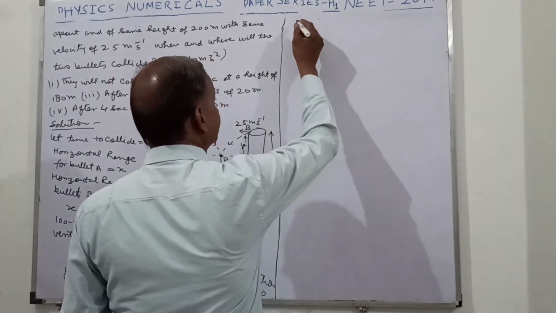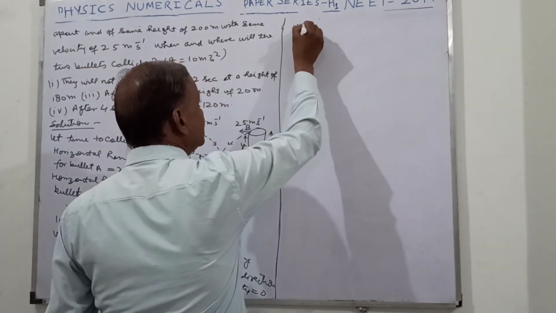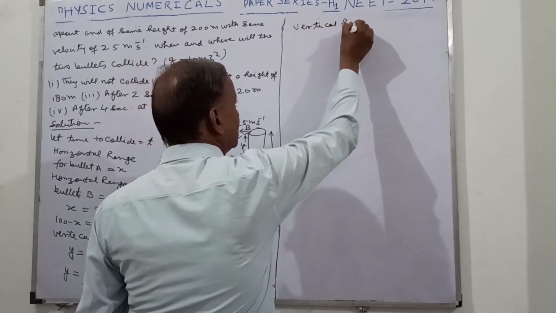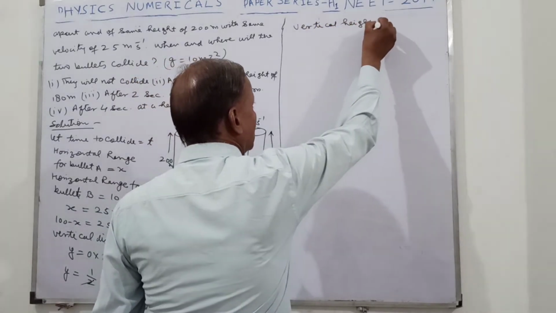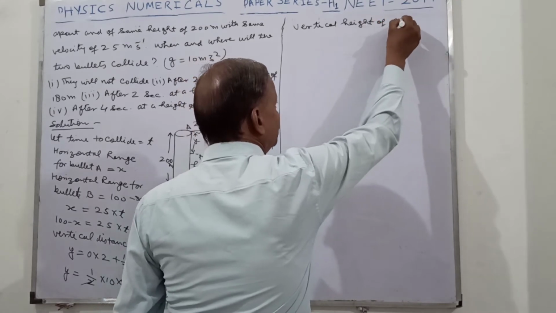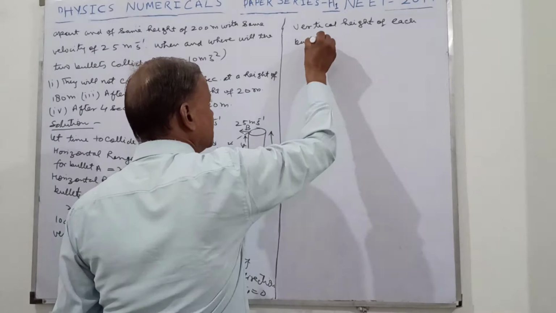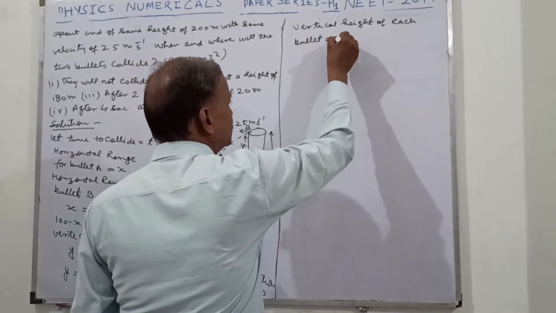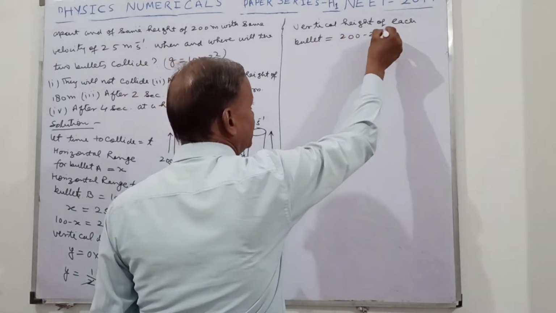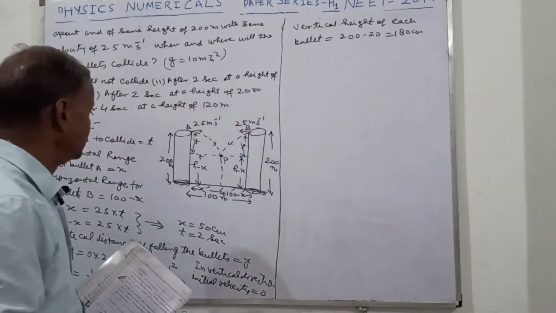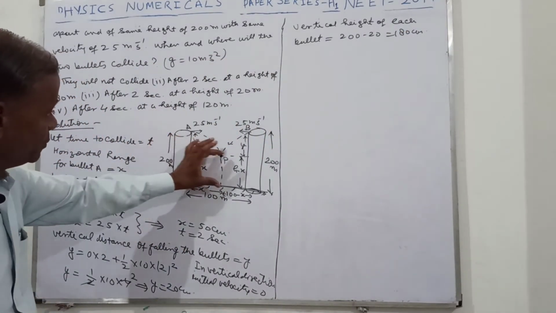So the vertical height of each bullet is equal to 200 minus 20 equal to 180 meter. So this is now 180 meter.